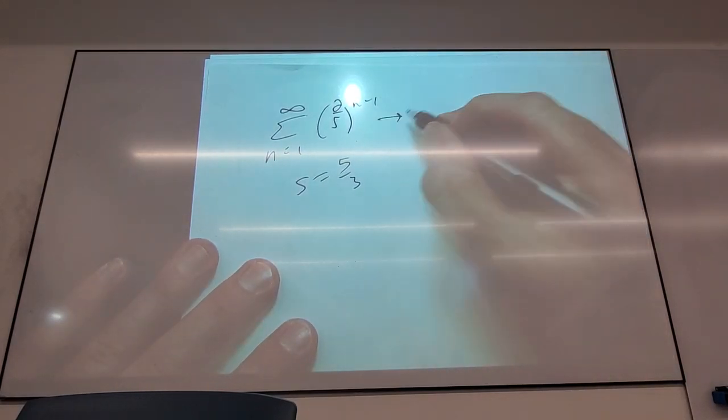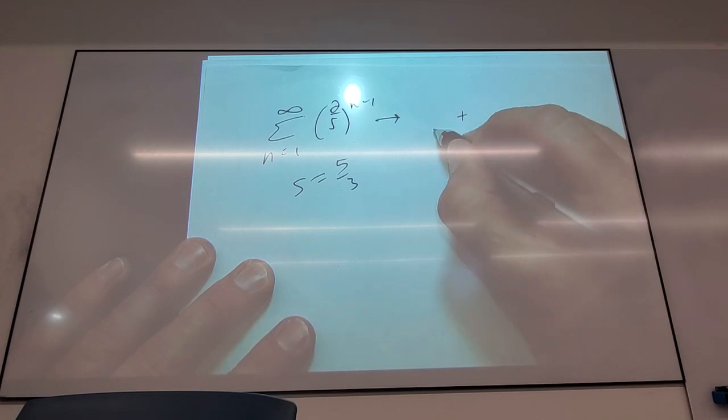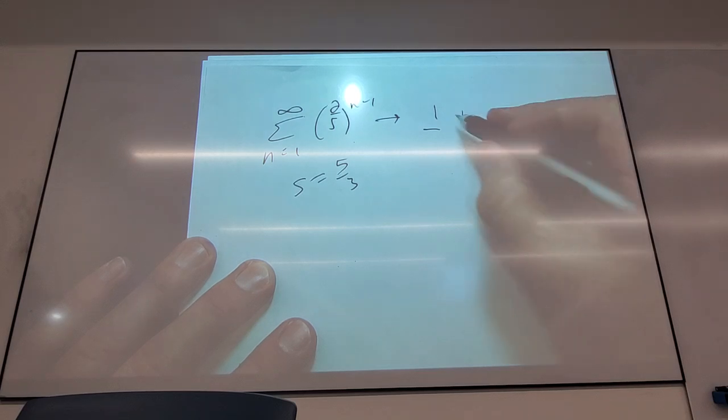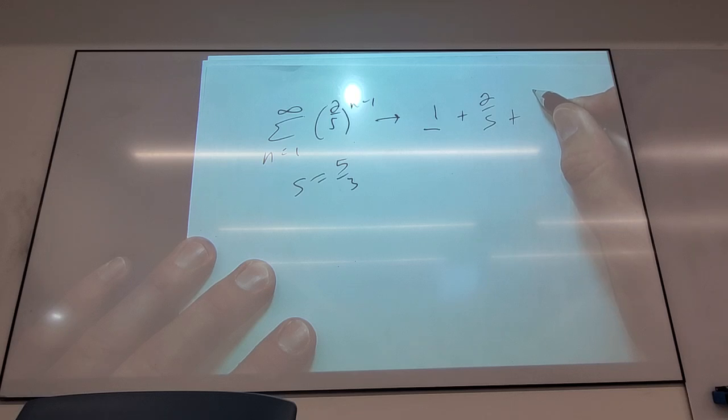Can somebody, real quick, tell me what the first element is if I were to write this out? 1, yes? If I make n 1, I get a 0 power. What's the next element? 2/5. Now square these. 4 25ths. Now raise it to the 3rd power.